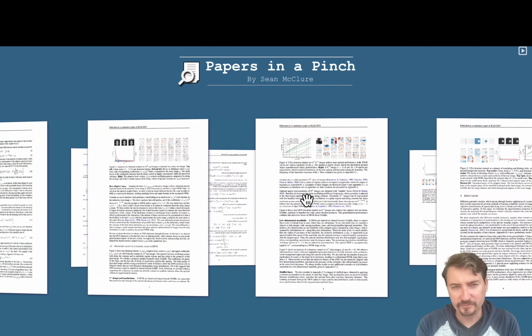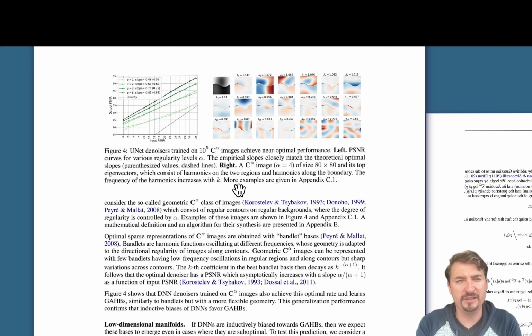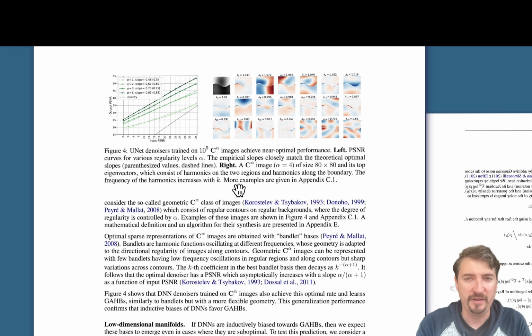And then we have figure 4 here, which is, basically figure 4 and 5 is taking data that is known to be much simpler and geometric and showing that the denoisers are going to have near optimal performance on them. And if you take a look at a somewhat similar analysis, you can actually see very clearly that there are these kind of geometries that are being picked up on. Again, it's the same take-home message, right?